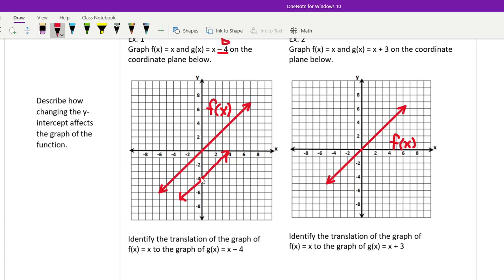It goes through the next intersection of the points, so it's easy enough to line up. So in this case, this would be our g of x function following the rule x minus 4. So that we know what it is on the graph, we can label it g of x.